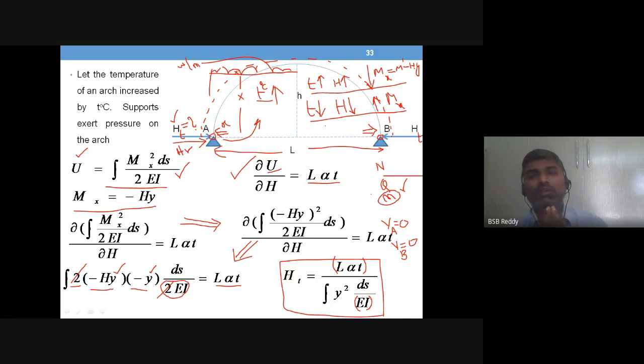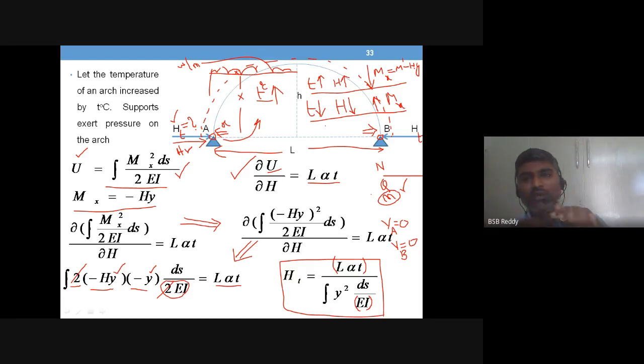If you have designed an arch for the loads, and if you observe there is a temperature change, you will not bother about temperature change when temperature is increased. You have already designed for some value of bending moment, that is going to reduce, so no problem, you are on the safe side.